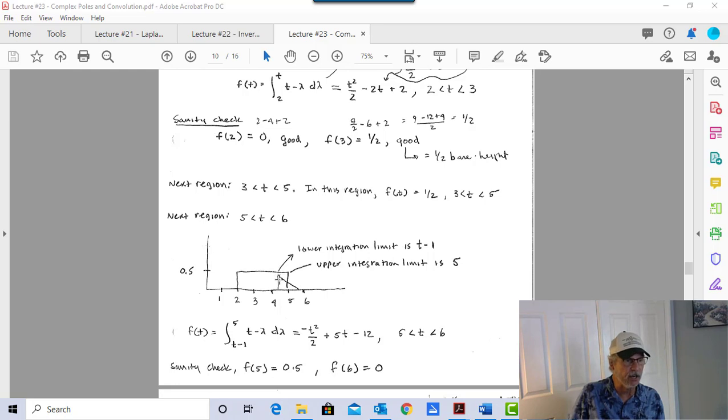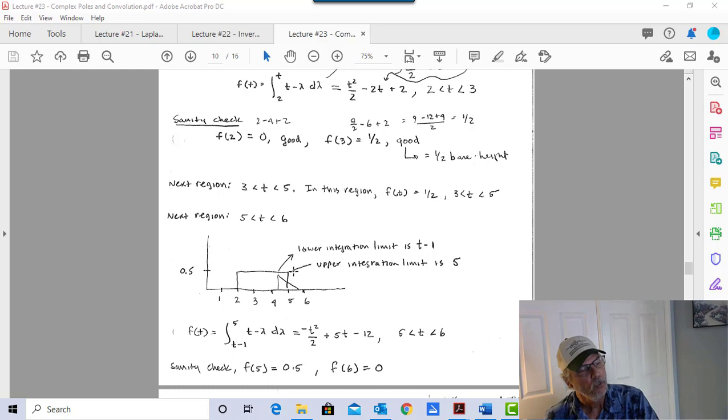So I'm going to start integration at t minus 1, and I'm going to finish my integration where the rectangle stops, and that's going to be at 5. So I'm going to integrate from t minus 1 to 5. And of course, you can see that when t becomes 6, I'm going to have no more overlapping area because the triangle will be just outside the rectangle.